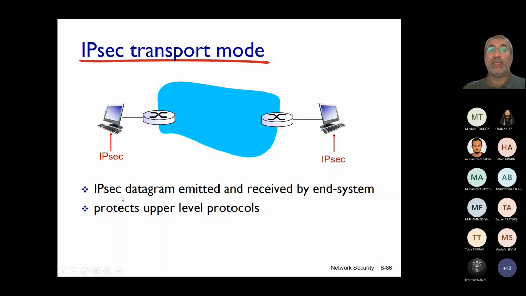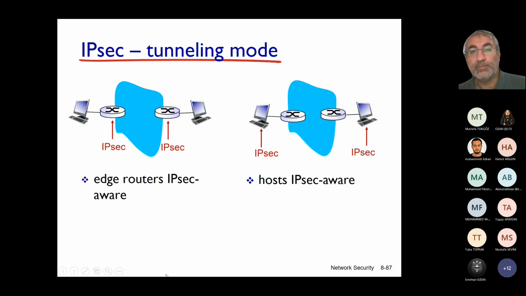The IPsec datagram is transmitted and received by the end system, not the router at the beginning. This way it protects the upper level protocols. We also have the IPsec tunneling mode.